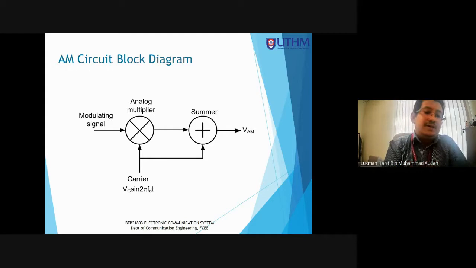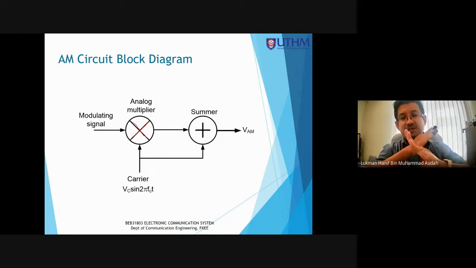So di sini ada multiplier, kalau dilihat dia menggunakan simbol X, ni simbol pangkah ni, sebenarnya dia melakukan proses mathematics, darab secara mathematics. And then we have summer adder, yang mana di sini dia akan melakukan proses tambah secara matematik.